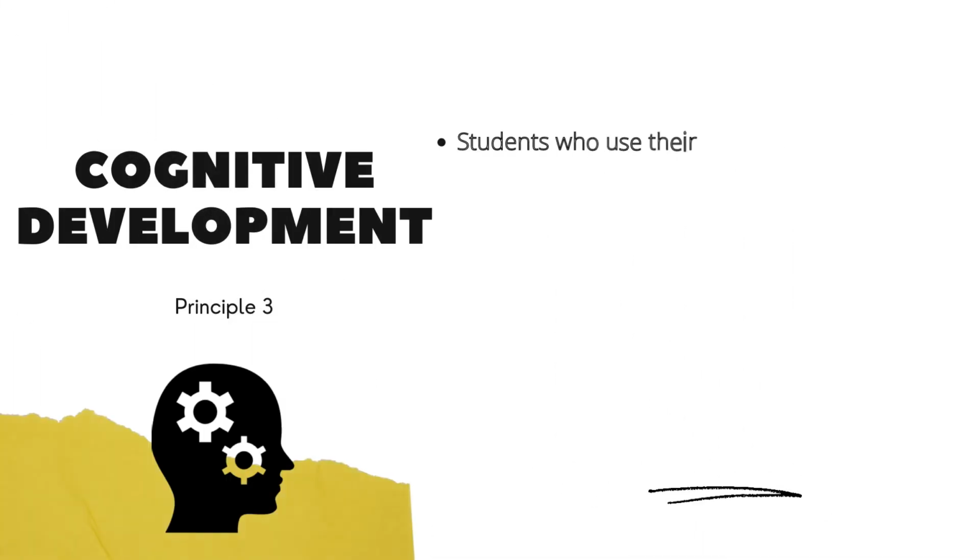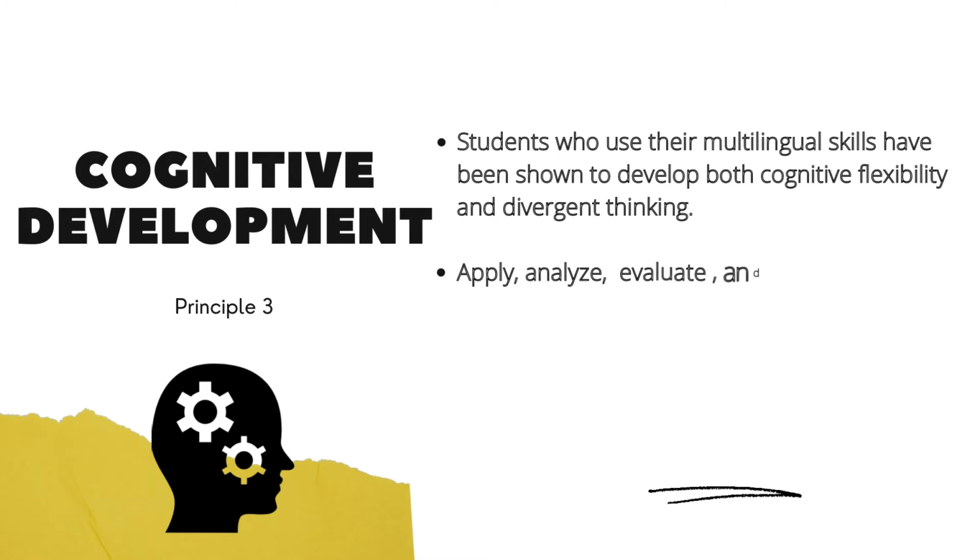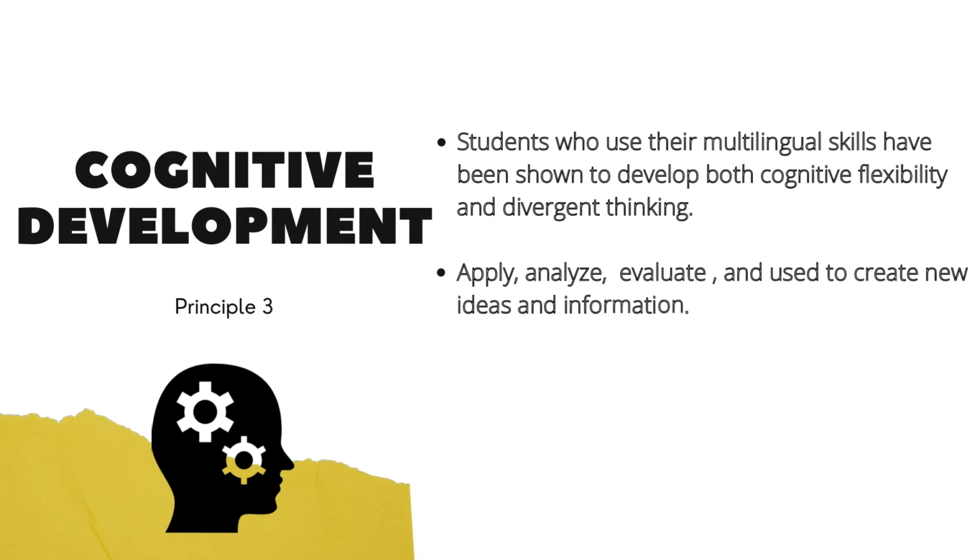Now, the third principle emphasizes cognitive development. In this principle, students who use their multilingual skills have been shown to develop both cognitive flexibility and divergent thinking. That is why it is necessary to continue developing critical thinking in the mother tongue as well as in the second and third language.